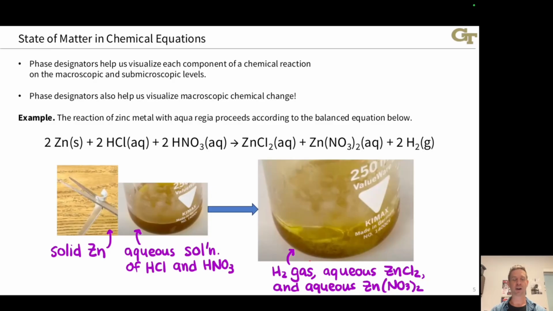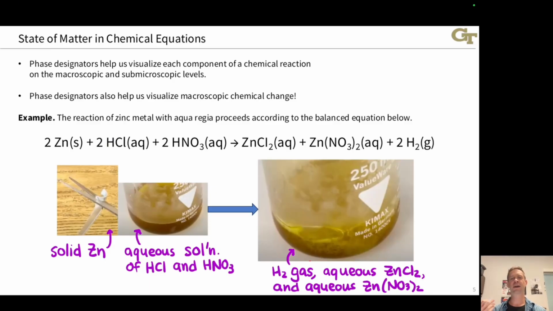Many reactions of this type, metals reacting with strong acids, we should expect bubbling as a result of the formation of hydrogen gas, for example. Not necessarily a fact I'd expect you to know at this point, but one that we can start to recognize in the common phase designators that appear over here with H2 in a variety of different reactions, all falling within this type of single replacement reaction involving a metal and an acid.